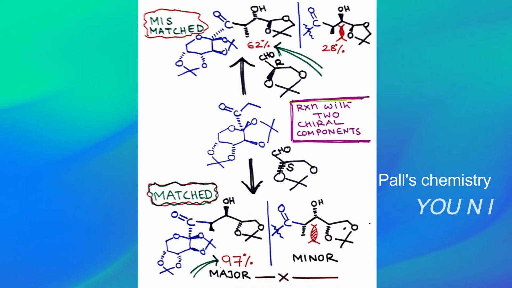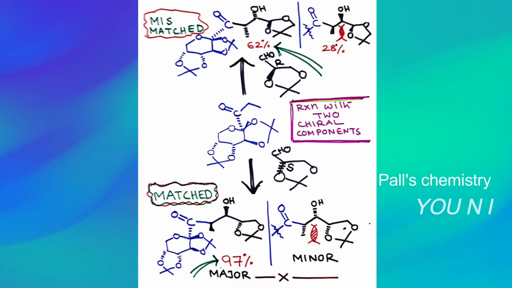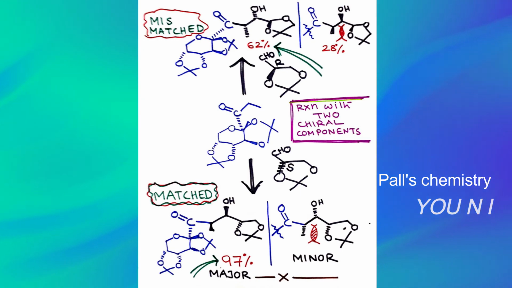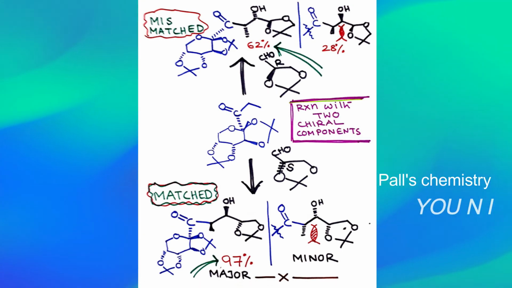In THF the major product ratio was 4.3, and in another solvent, tetramethoxybutane, the ratio of the major product to the minor product was 5:1.